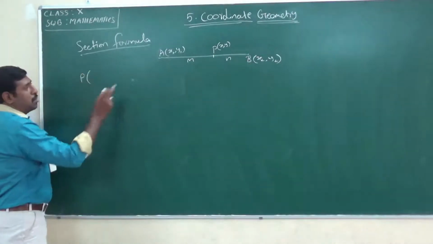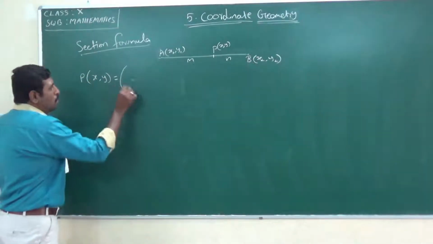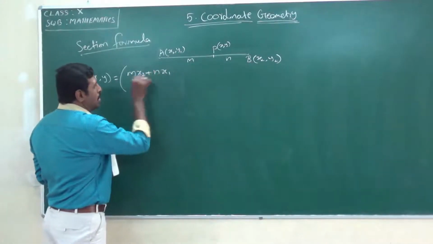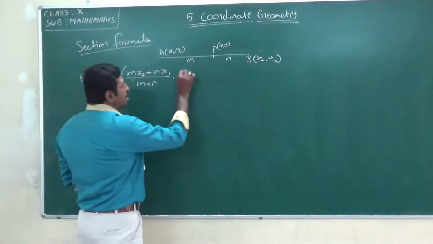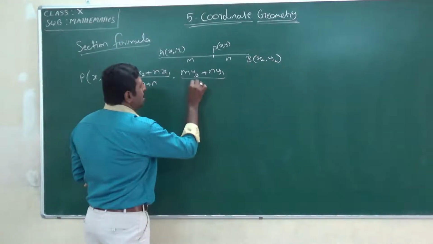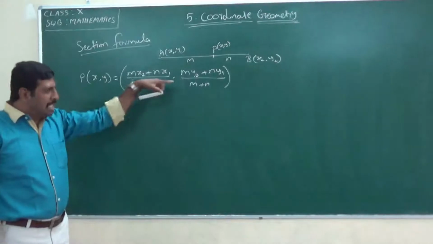By the section formula, internally, P of x comma y is equal to (m x2 plus n x1) divided by (m plus n) comma (m y2 plus n y1) divided by (m plus n), if the point divides internally in the ratio.